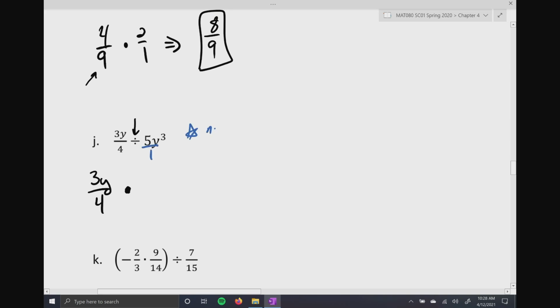Wouldn't it be 1 over 5y to the third? Yes. So what I'm going to write is this. Note, you can make any number a fraction by putting a 1 underneath it.